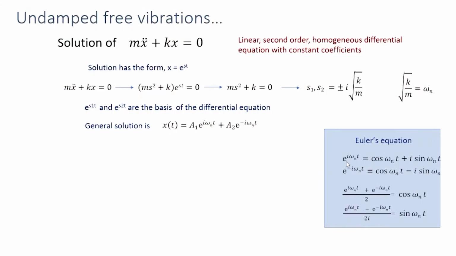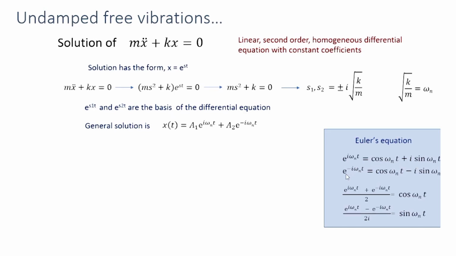Now we can rearrange this equation in terms of sine and cosine functions using Euler's equation. Euler's equation is e to the power i omega n t can be written as cos omega n t plus i sin omega n t.